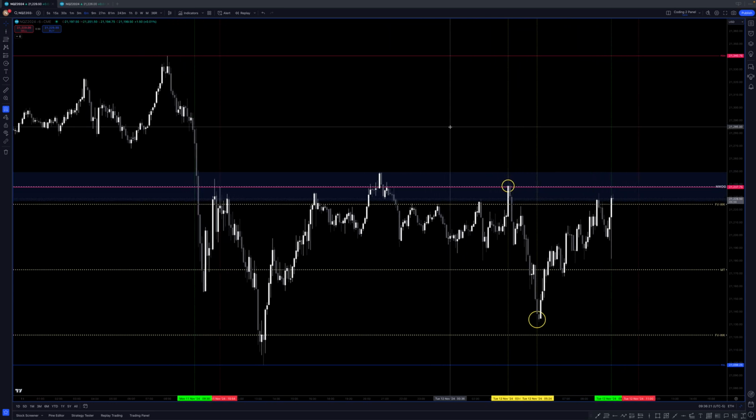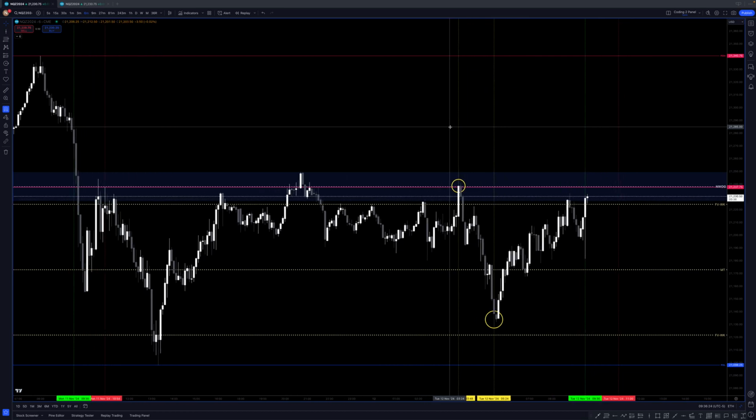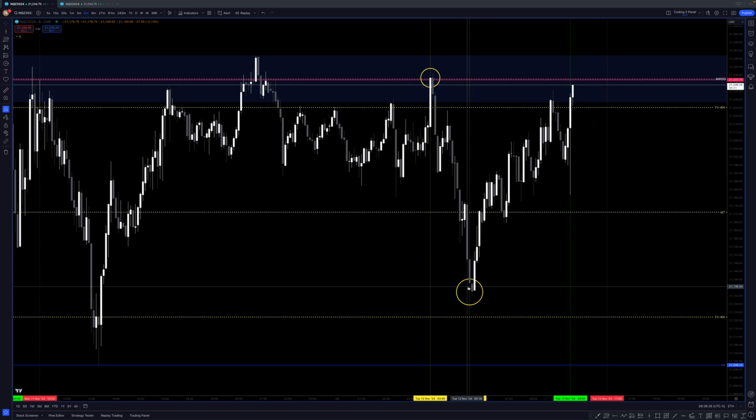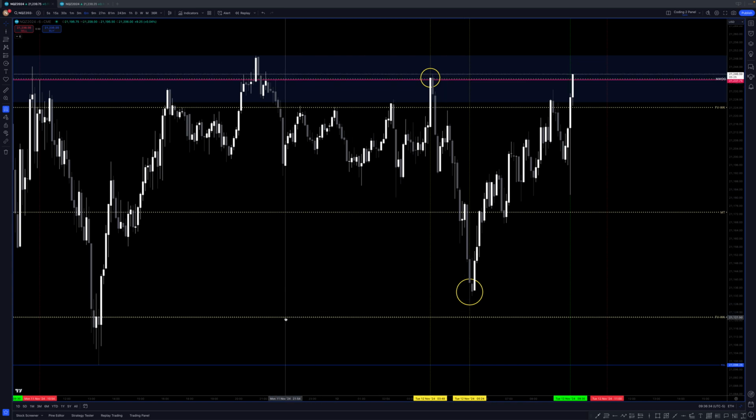Because this was really interesting to me. What did we have going on here? What caused this move to happen right here? Well, what do we got? So there's the fair value wick, the discount of the fair value wick that we drew out on the daily. You've got a reaction there.